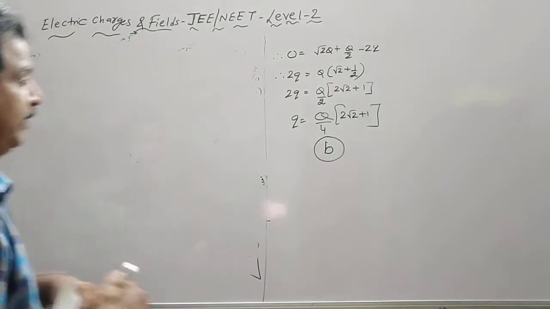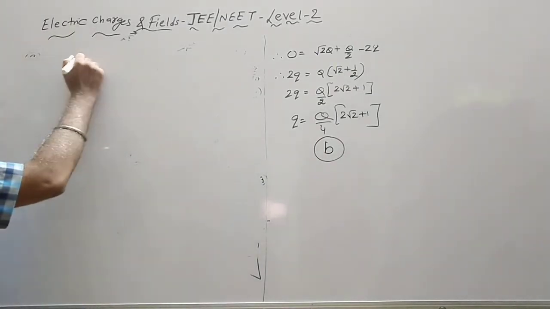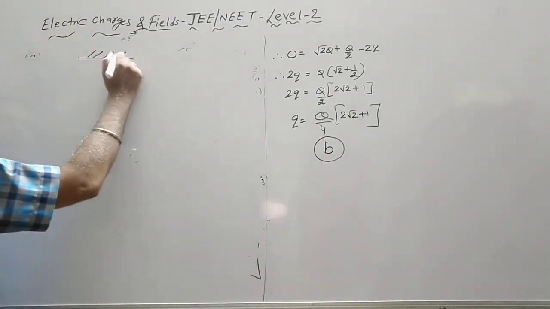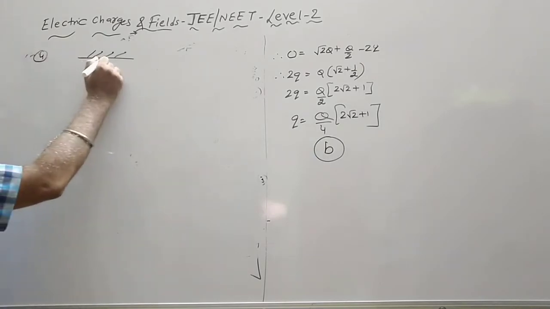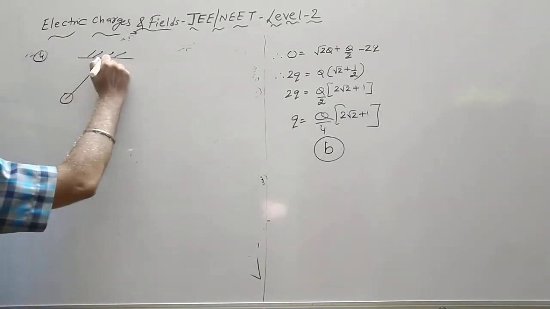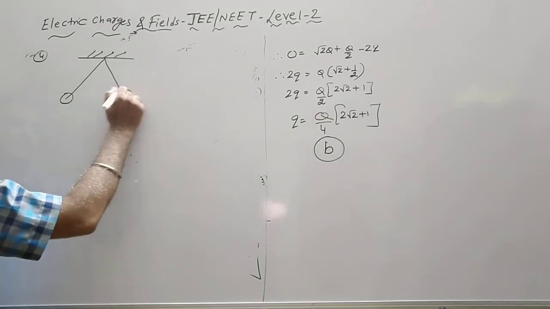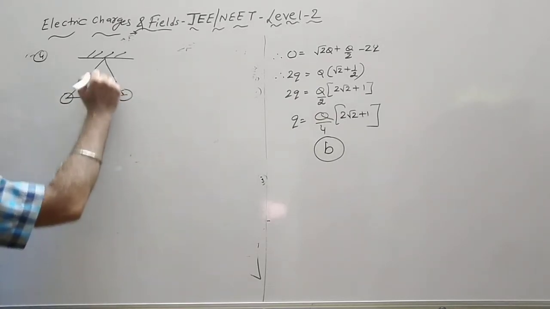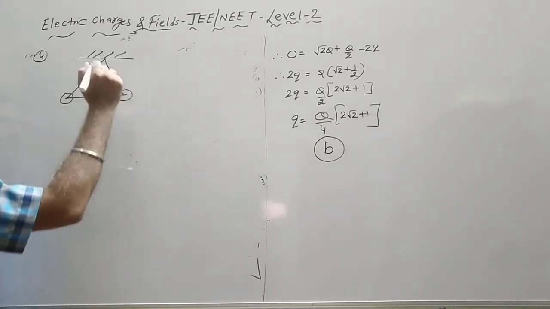So we have two spheres. Such type of sums we have done many times. Both are charged. Let this distance be r. The angle is theta.